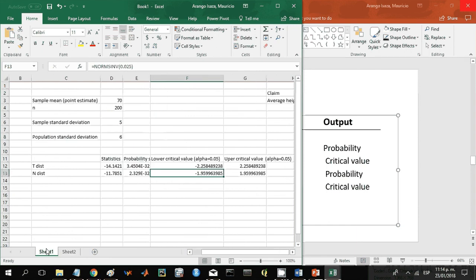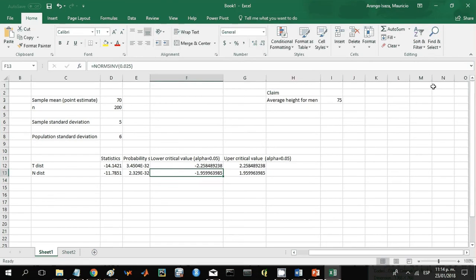So let me do a brief example of this. Let's say that you were reading the papers and you find that somebody found that the average height of men is 75 inches, but you don't think that is true.